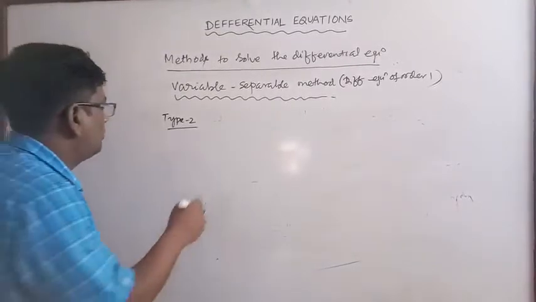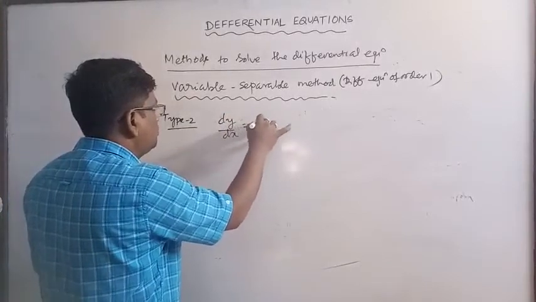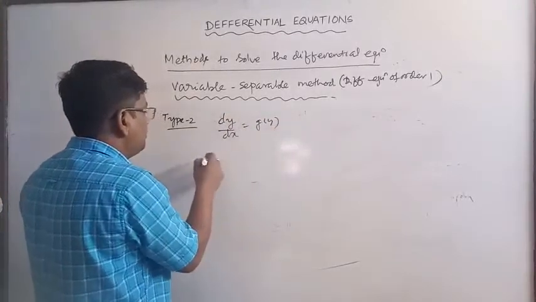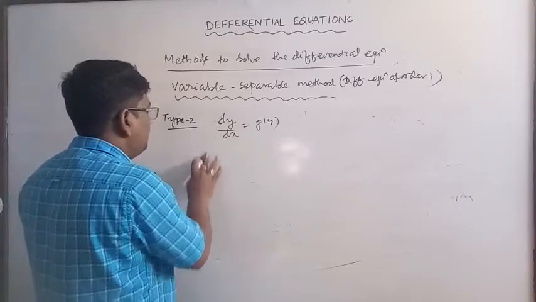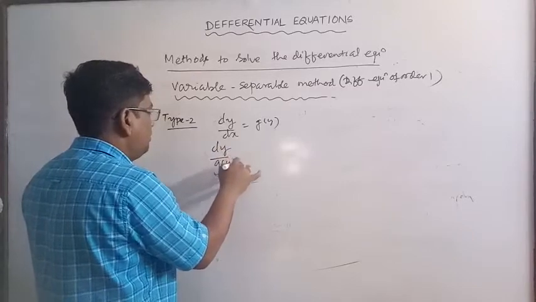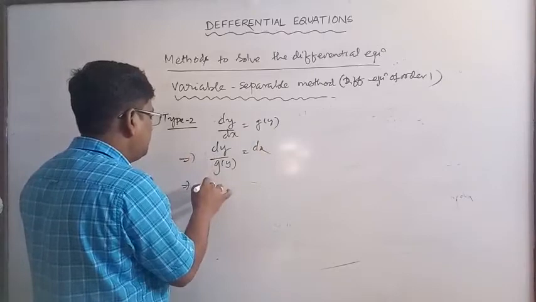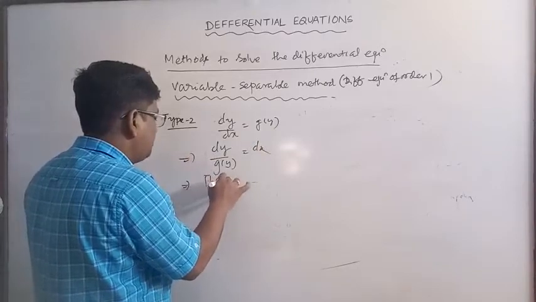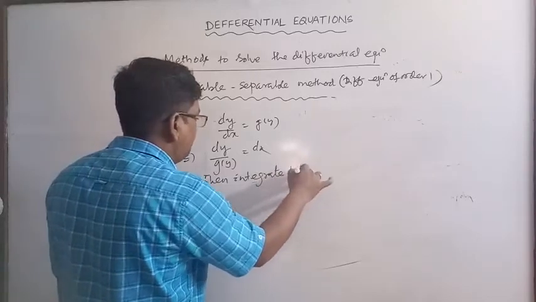Type 2: dy by dx is equal to, suppose, g of y. So dy by g of y is equal to dx. Integrate both sides.